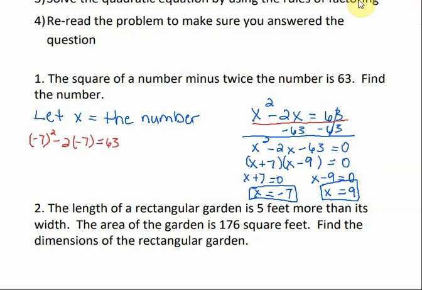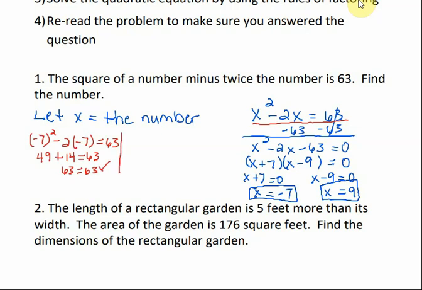All right, negative 7 squared is positive 49. Negative 2 times negative 7 would be a positive 14. And if I add those together, I get 63. All right, so that checks.